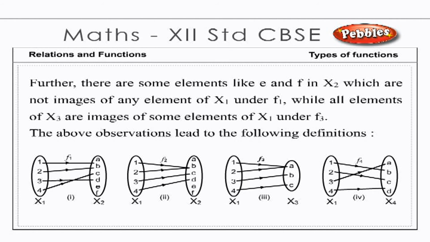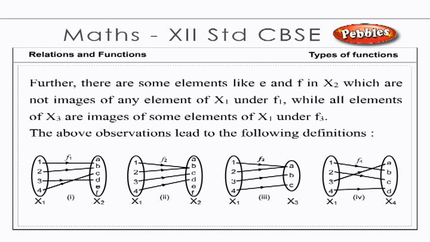Further, there are some elements like e and f in X2 which are not images of any element of X1 under f1, while all elements of X3 are images of some elements of X1 under f3.